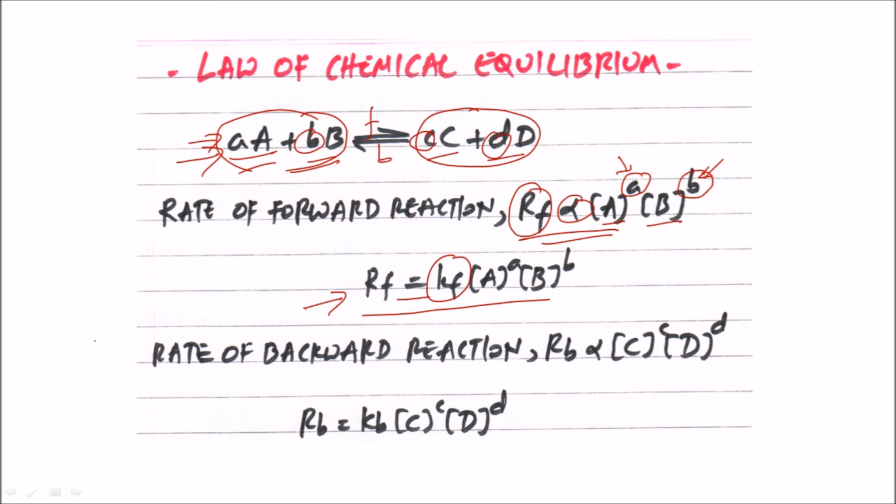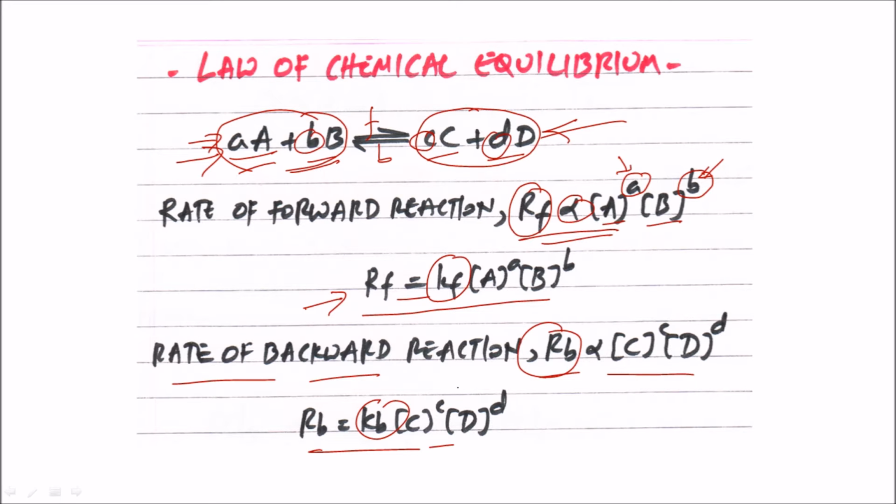Similarly, we can apply the law of mass action to the backward reaction. Here C and D are the reactants for the backward reaction. So Rb is proportional to [C]^c [D]^d, and removing the proportionality sign we get Rb = Kb [C]^c [D]^d.